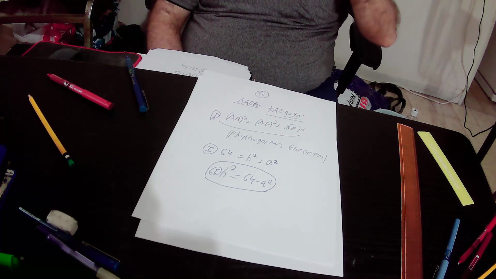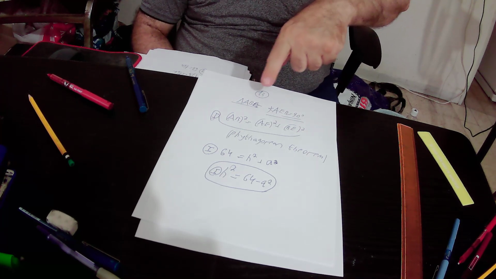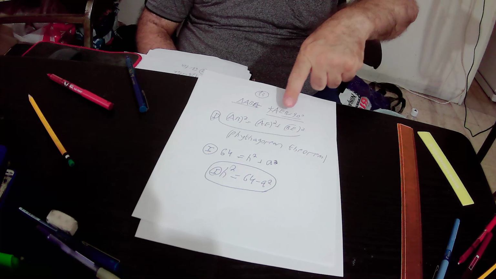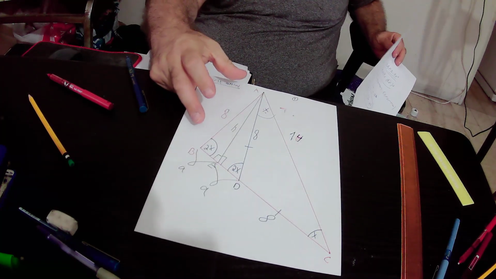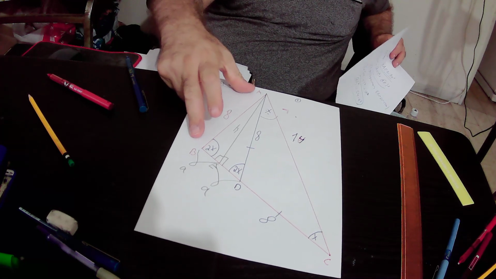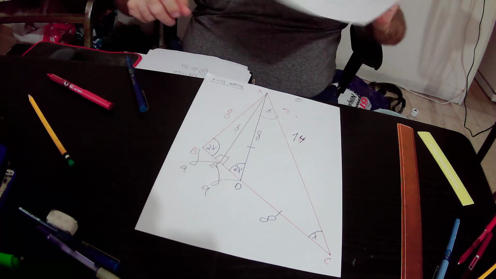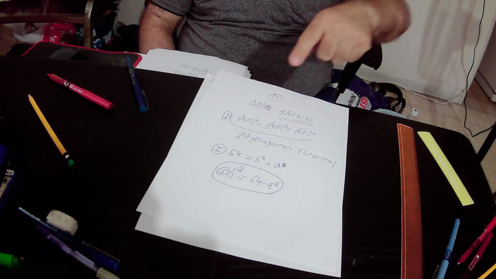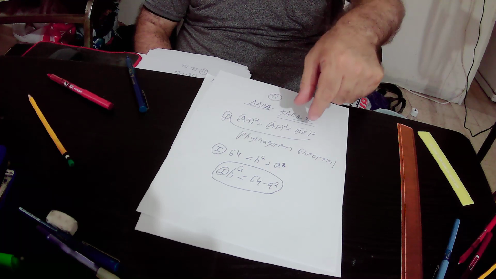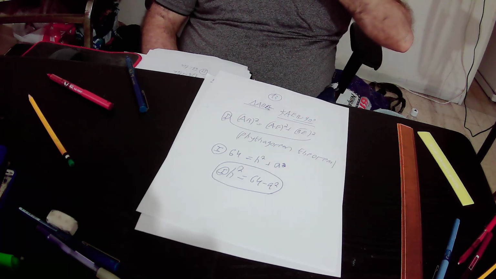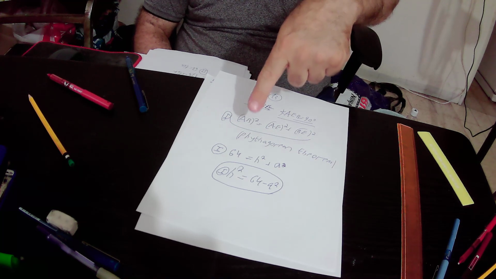According to the Pythagorean theorem, in the right triangle the square of the hypotenuse equals the sum of the squares of the perpendiculars. The hypotenuse in triangle ABE is AB. So AB square will be equal to AE square plus BE square. We know that AB equals 8, so 8 square is 64.